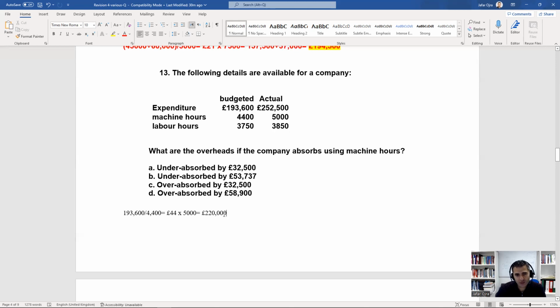So from 220 it becomes 252. We added 32,500, so that's under absorbed. So the answer is A.